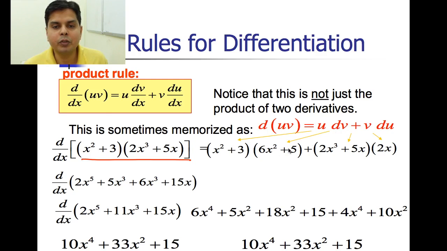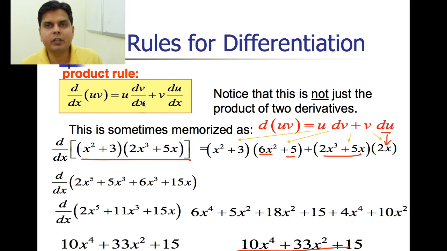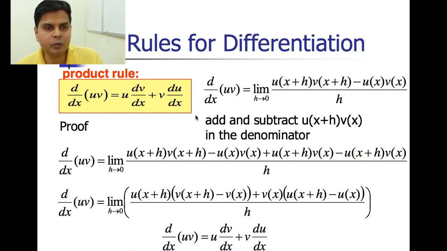This is u into dv, dv will be 6x square plus 5, and v will be 2x cube plus 5x, and du will be 2x, because differentiation of x square plus 3 will be 2x. You multiply and you get this thing. So all these are very simple rules. Most books have the product rule and all these rules.